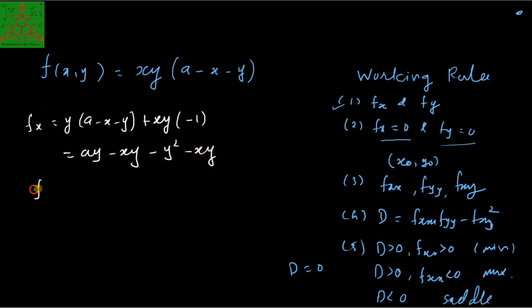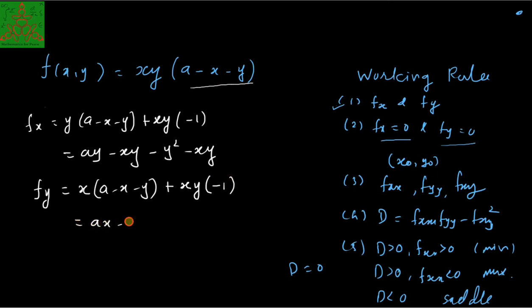The second one is fy, the derivative with respect to y, which gives x(a - x - y) plus xy times minus 1, and hence we have ax - x² - xy - xy.